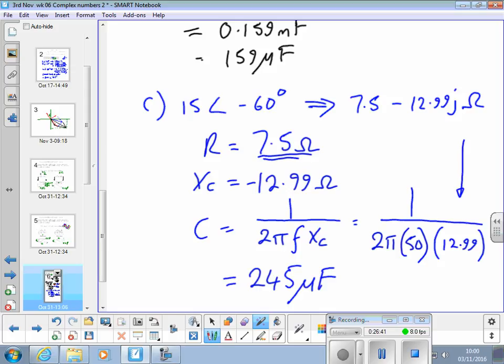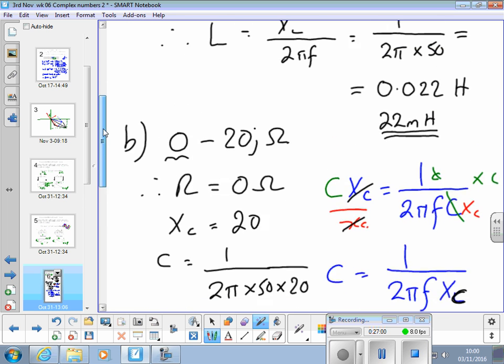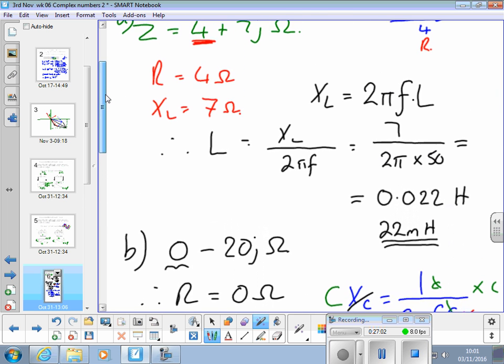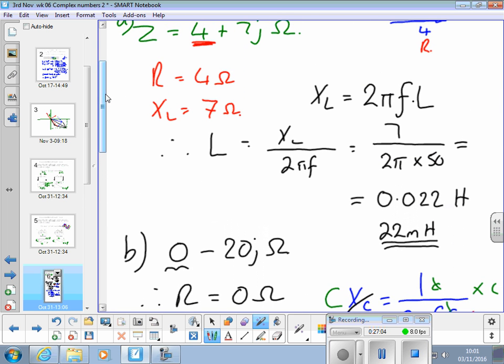We then take that number without the sign into the formula, because the sign just establishes it as a capacitor. Use that formula to find the capacitance from the capacitive reactance. If you've got a positive XL, then you need to go into the other formula to find the inductance.